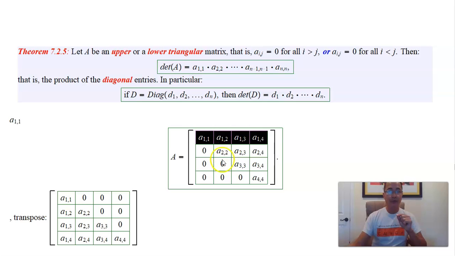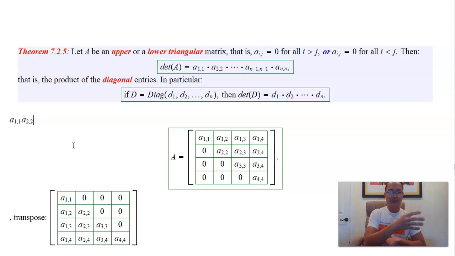So who can I pick from column 2? I pick this 0. Oh, dead again. So, same principle. If you want your term to survive, the only choice with any hope of survival would be A22. Okay? It's kind of like going through one of those TV shows where there's a challenge and you want to survive each challenge. Okay? So don't pick a 0.